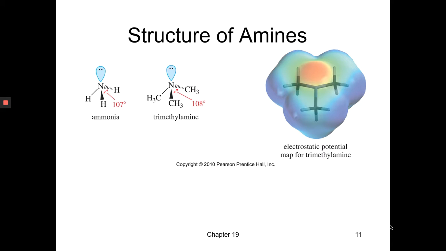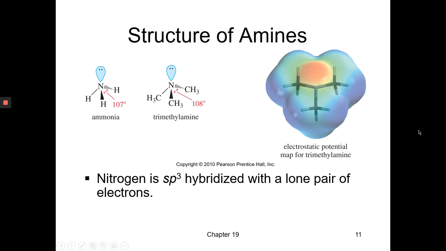Amines have a trigonal pyramidal structure, like ammonia. The lone pair exhibits a repulsive force, and so that's why the amines are not planar. Here's an electrostatic potential map for trimethylamine.